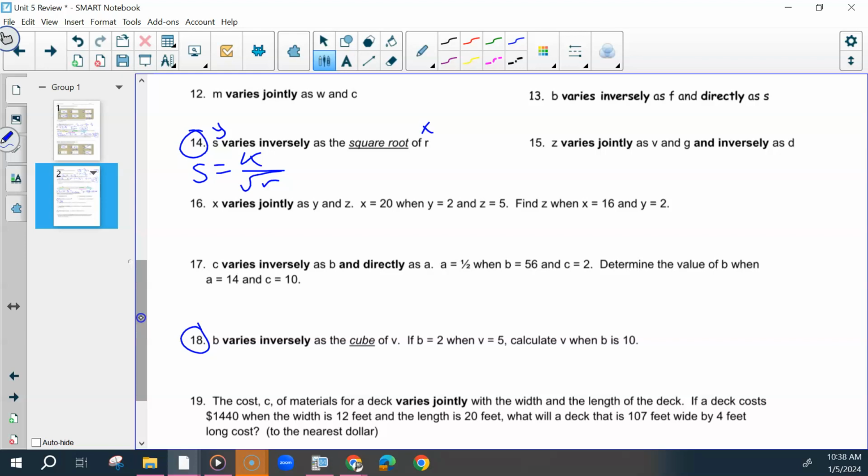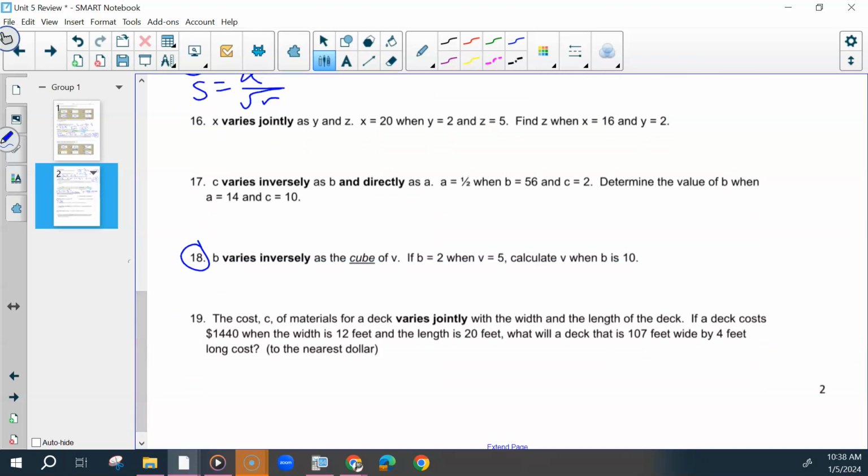18 is similar, but we're using cube instead of square root. So b varies inversely as the cube of v. How would we set up that equation? B equals k over v cubed, to the third power.